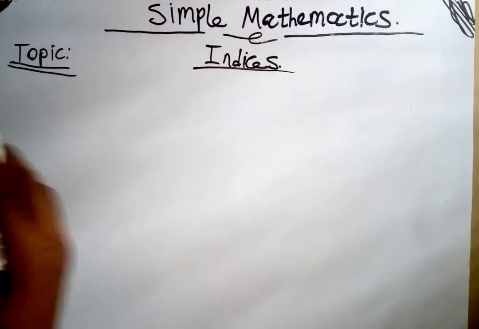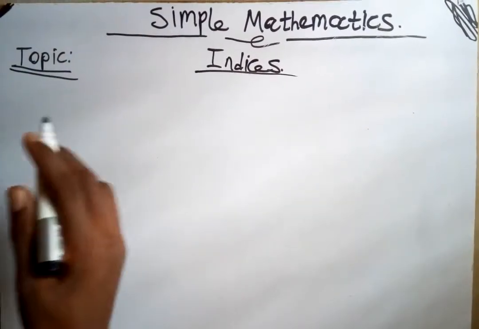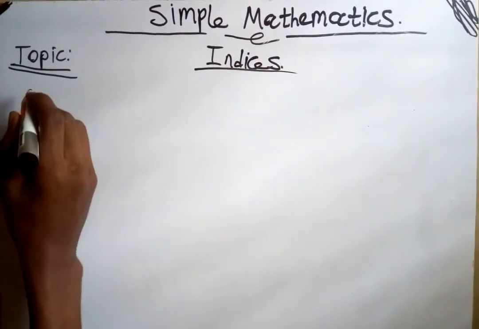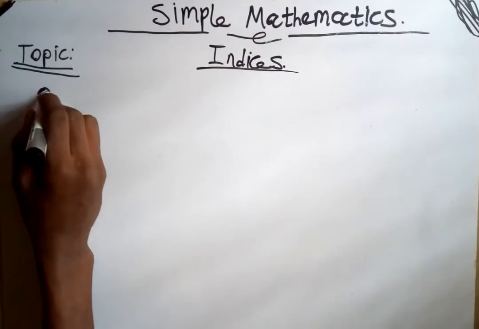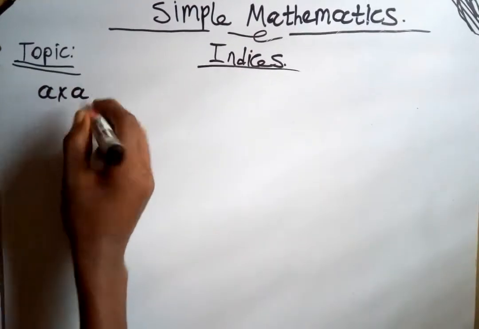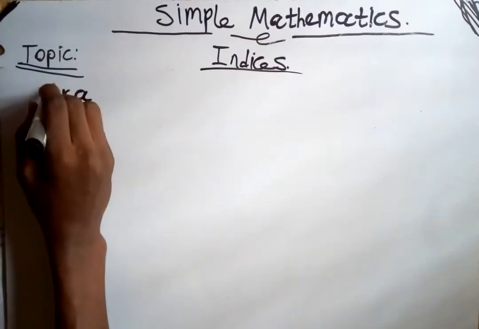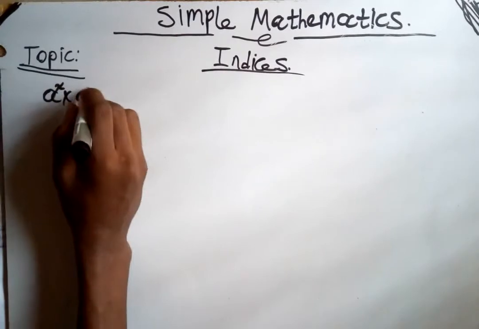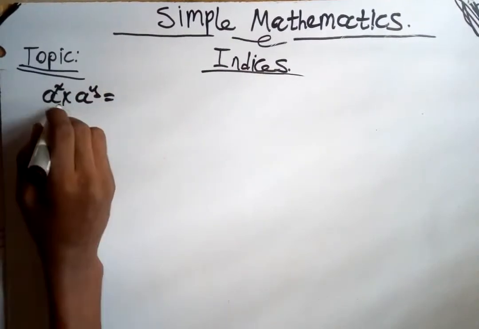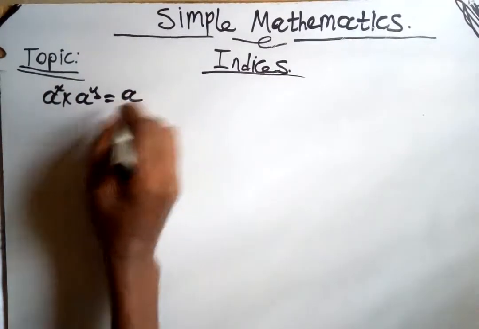Okay, so the laws of indices, I need you guys to pay attention to this. When we have a variable that is being multiplied by the same variable, and this has a power of x and this has a power of y, the result will be just that variable, because they're the same.